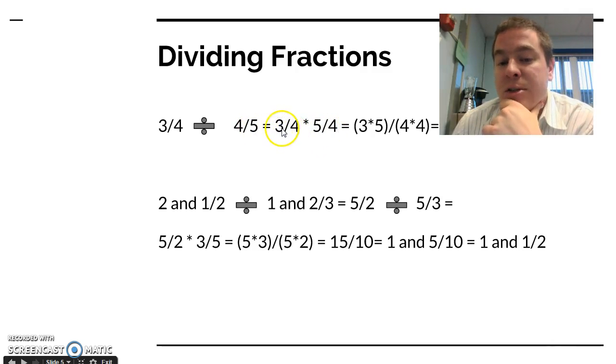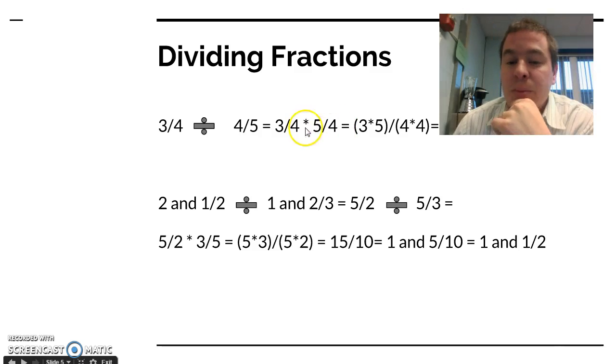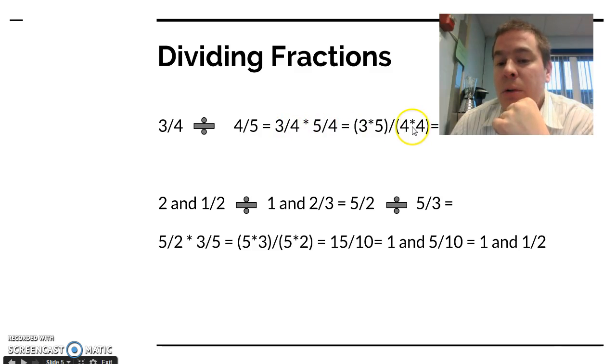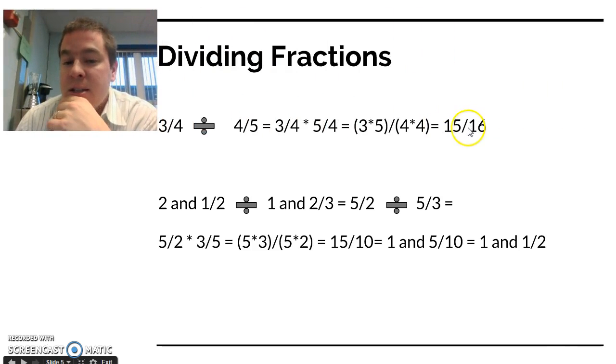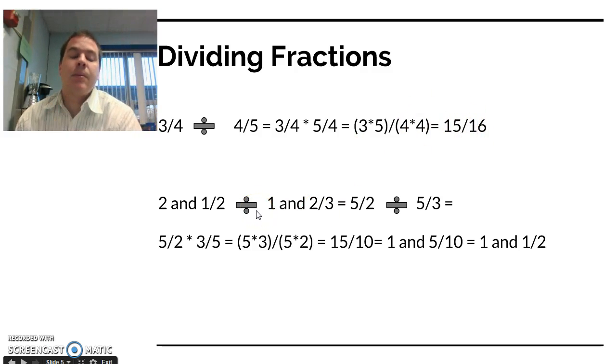So now our problem is 3/4 times 5 over 4. Then you'll multiply the numerators, 3 times 5, which gives you 15, and 4 times 4 as the denominators, which gives you 16. So our answer is 15 over 16. Okay, 15 over 16 is our answer.